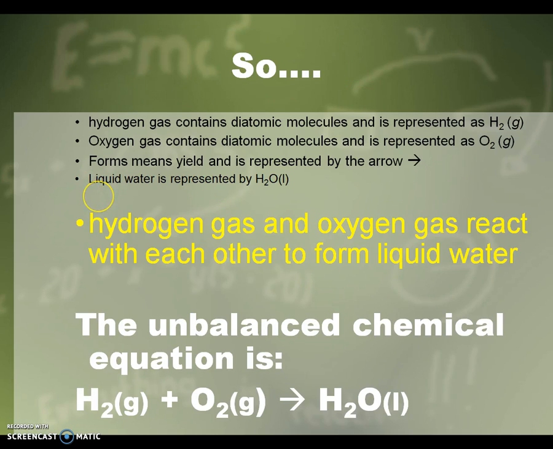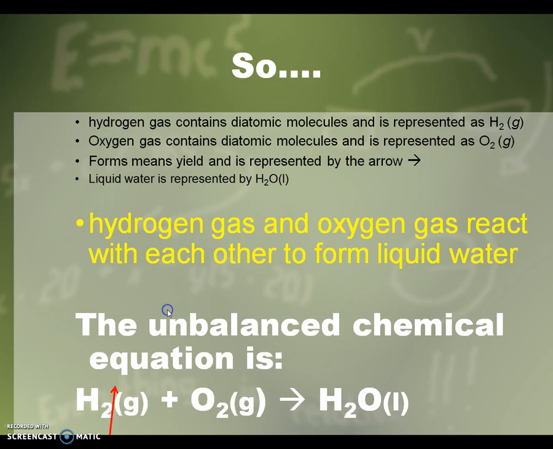So, hydrogen gas contains diatomic molecules and is represented as H2. Oxygen gas contains diatomic molecules and is represented by O2. Forms means yield and is represented by an arrow. Liquid water is represented by H2O. Hydrogen gas and oxygen gas react with each other to form liquid water.